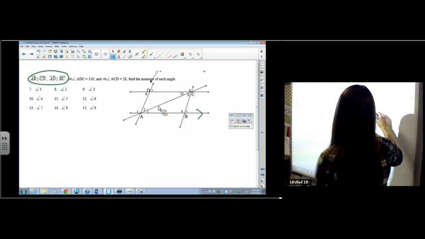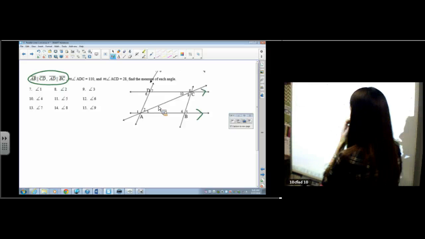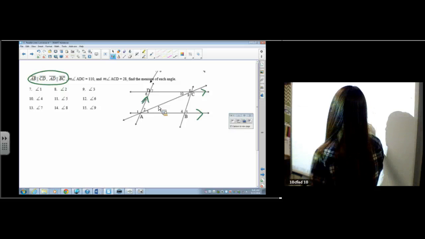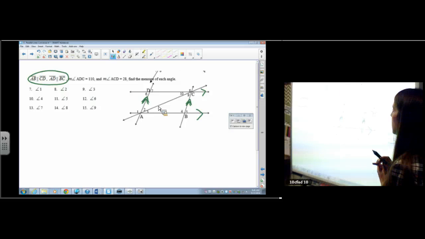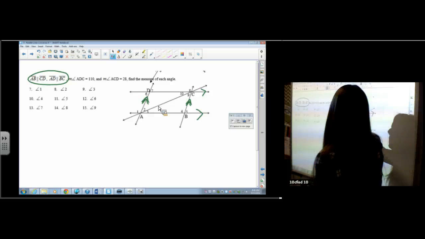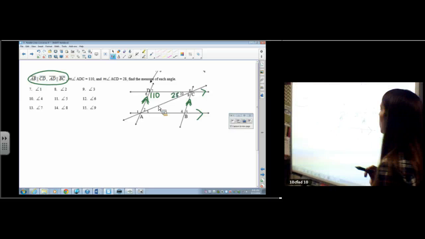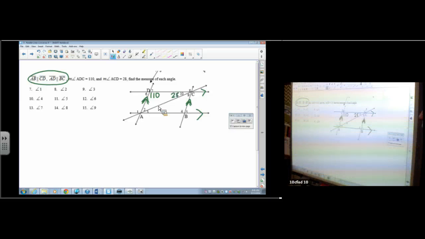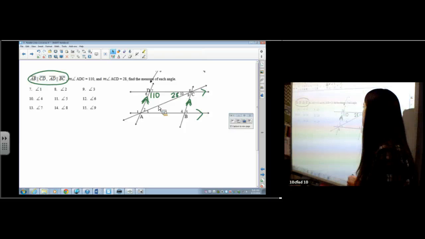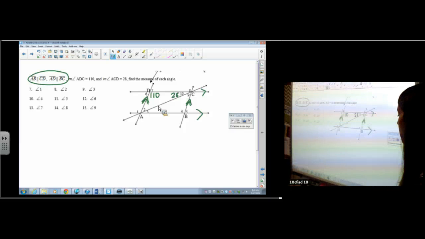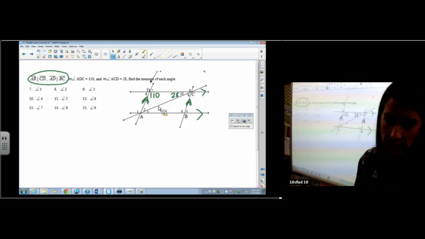Okay, AB is parallel to CD, and AD is parallel to BC. ACD is 110, and ACD is 28. Find the measure of every angle. Okay, so what I would start doing is I would just start finding all the ones that match 110.